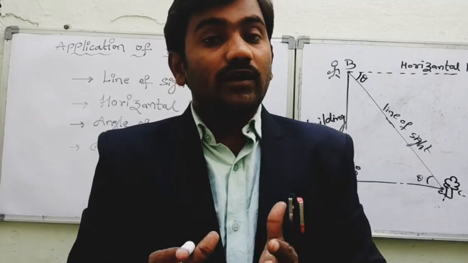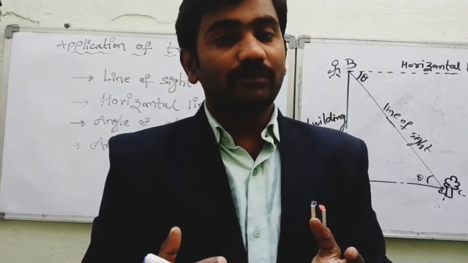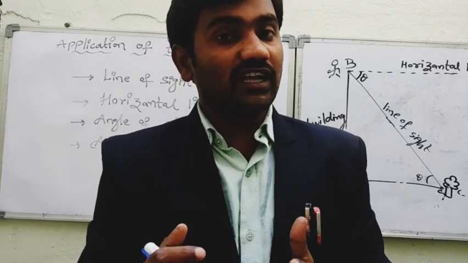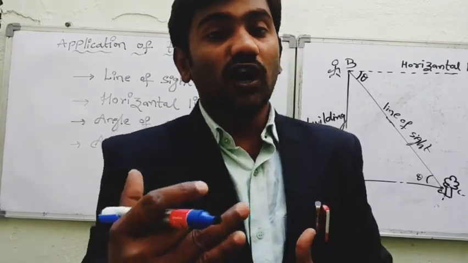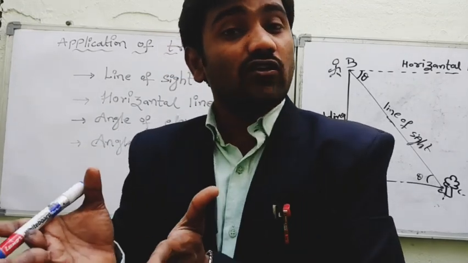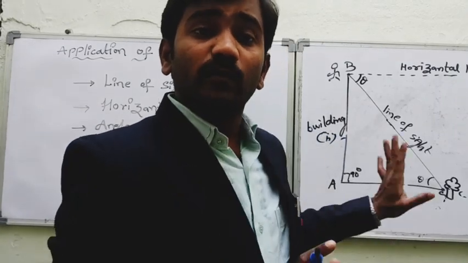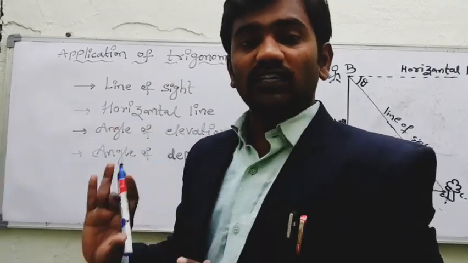Then slowly, using trigonometric ratios sin theta, cos theta, tan theta, cot theta, sec theta, cosec theta, as we told, sin theta equals opposite by hypotenuse, cos theta equals adjacent by hypotenuse. By using those trigonometric ratios and the trigonometric ratio table, we can completely do this application of trigonometry.